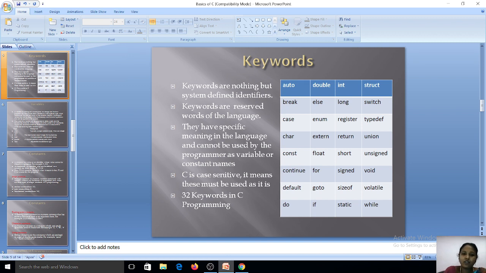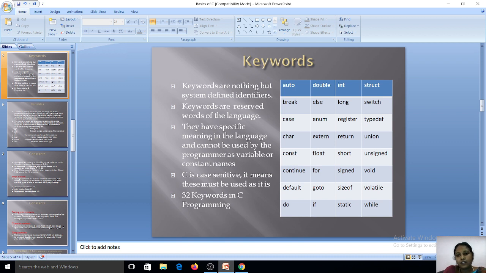They have a specific meaning in the language and cannot be used by the programmer as a variable or constant name in a program, and they are case sensitive. It means a keyword must be used only in uppercase or only in lowercase.